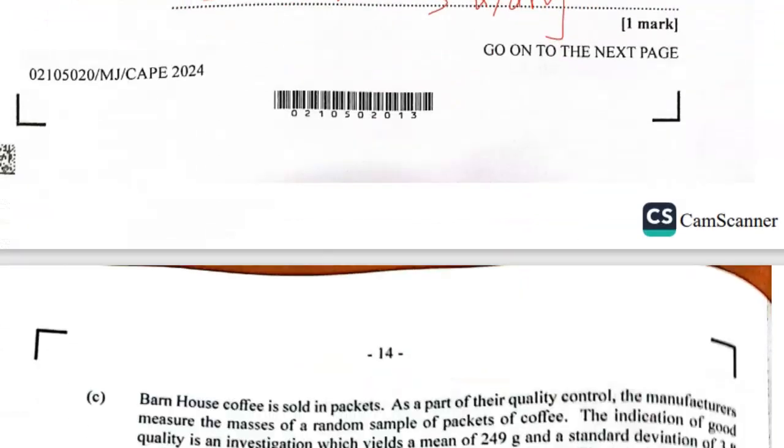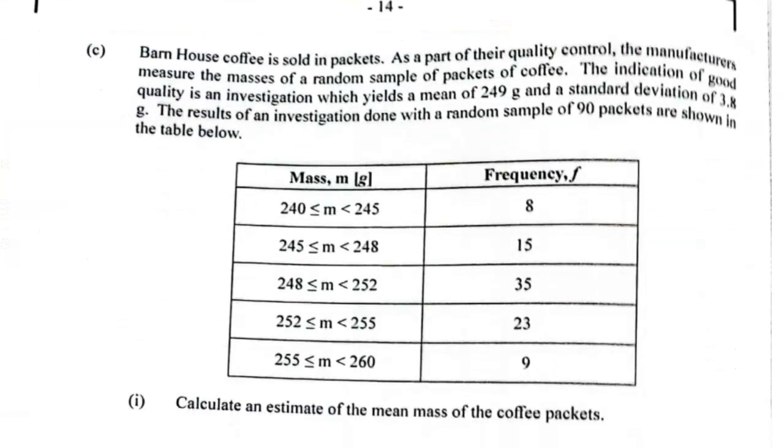Let's move on to part C. Barnhouse coffee is sold in packets. As a part of their quality control, the manufacturers measure the masses of a random sample of packets of coffee. The indication of good quality is an investigation which yields a mean of 249 grams and a standard deviation of 3.8 grams.